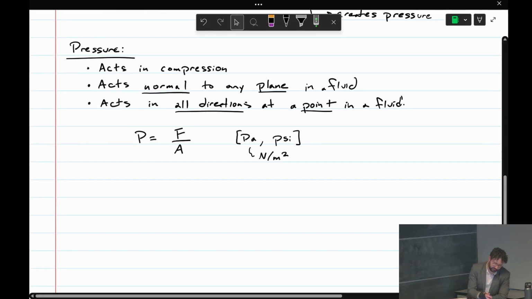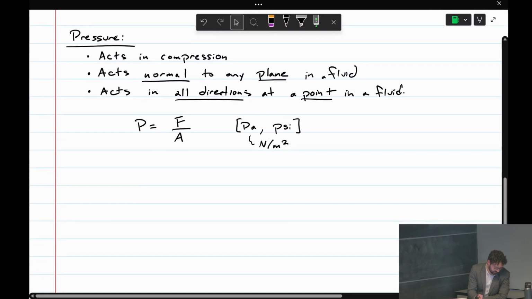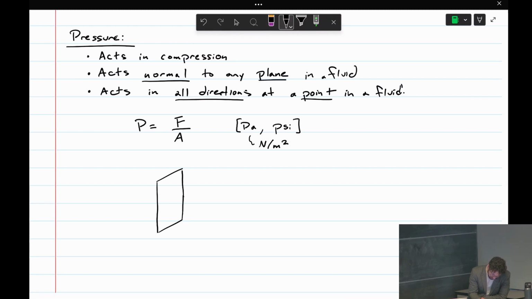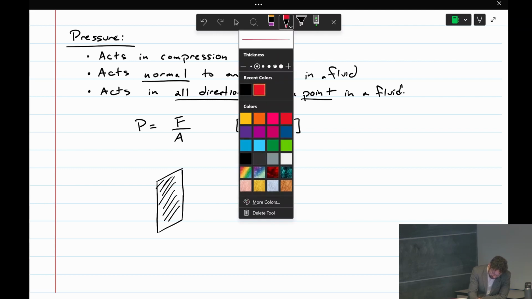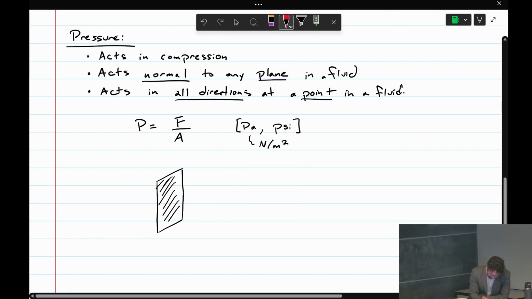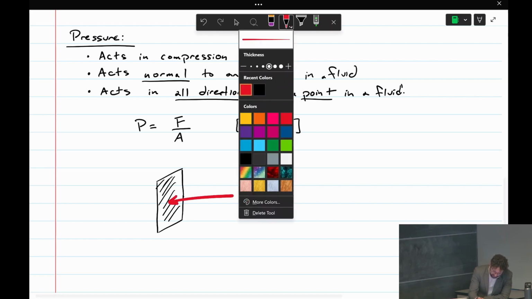So in this common definition of P equals F over A, we have some plane in our fluid here. Pressure acts normal to that.